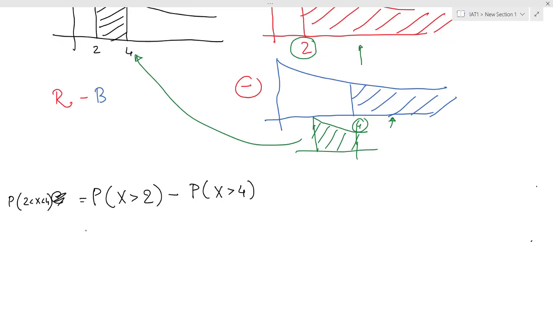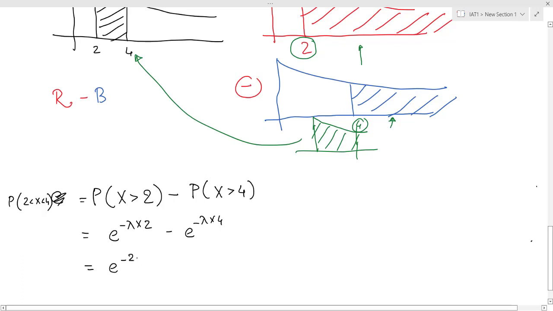So what is the probability of X greater than 2? e raised to minus lambda into 2. What is the probability of X greater than 4? e raised to minus lambda into 4. So it is e raised to minus 2 by 8 minus e raised to minus 4 by 8. So it is e raised to minus 1 by 4 minus e raised to minus half.